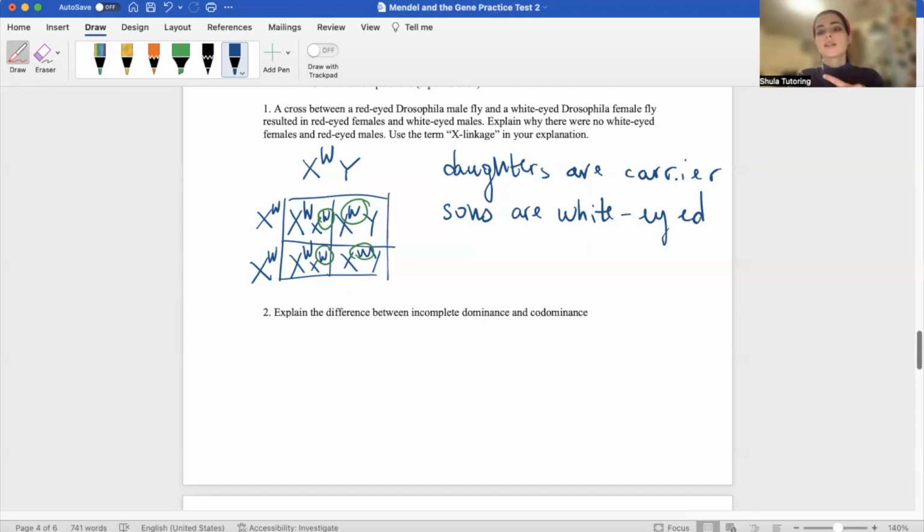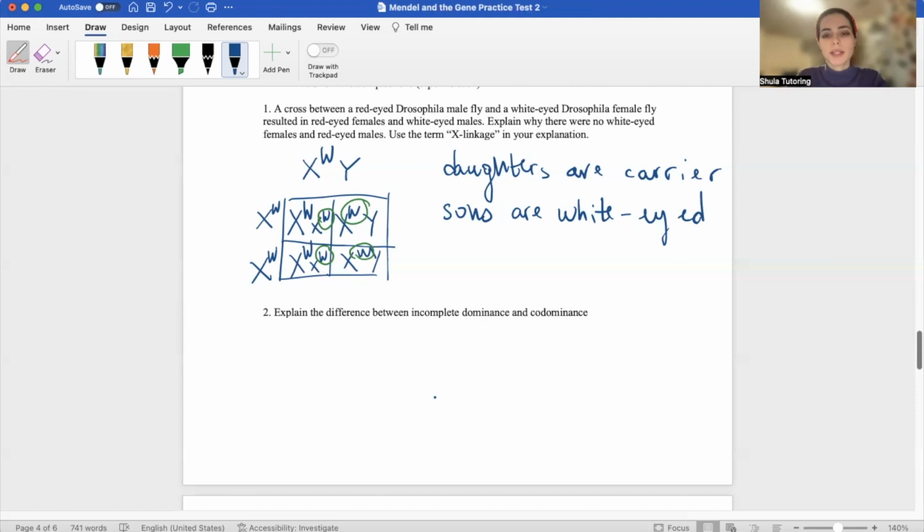If they get the X chromosome with that condition, they will express it, because women have two. For females to express it, they need to inherit two X chromosomes that both have that gene. So that's why males are affected by X-linked diseases at a much greater rate than females.